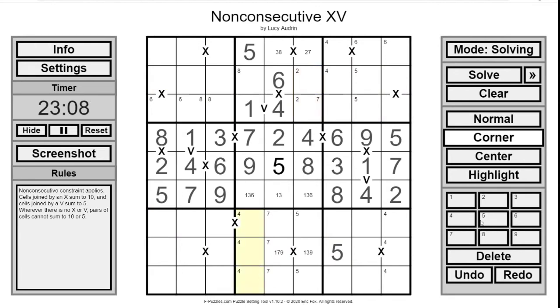So we got 2 and 7 locked over there. 2 and 4 over there. 9, 2, and 7. Okay. 9, 2, and 7 all locked in there.